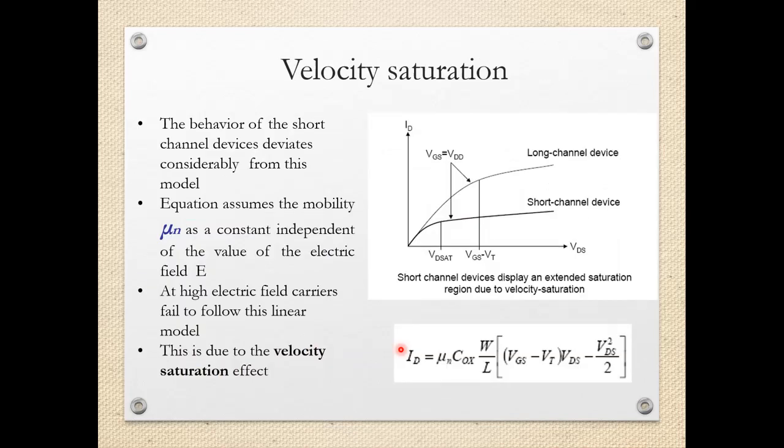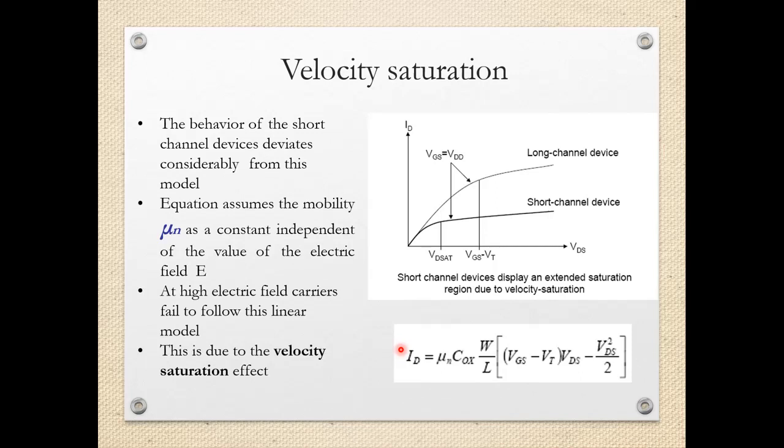First we'll go for velocity saturation. The behavior of short channel devices deviates considerably from this model. In this graph, we can see curves drawn for both the long channel device and the short channel device. The upper one is for the long channel device and the lower one is for the short channel device.